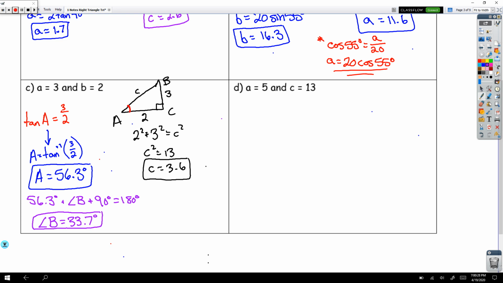Moving on. Last example here before we go to the next topic. Again, always start with setting up your triangle. A, B, C. Side A is 5. Side C is 13. And we don't know what B is.